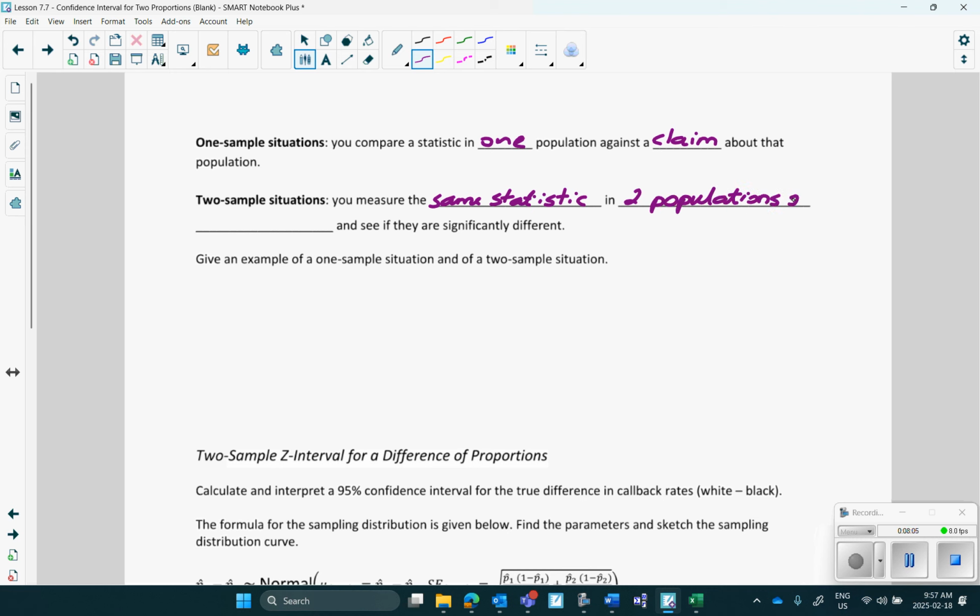Because a lot of times it could be an experiment, and see if they're significantly different. So just as another example, one sample, just so you have an idea.